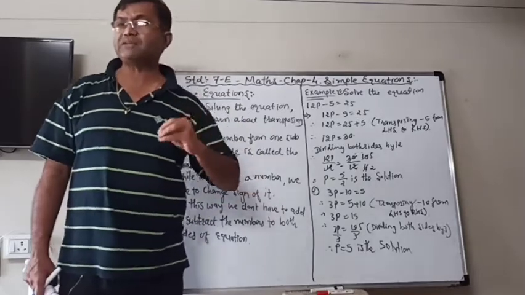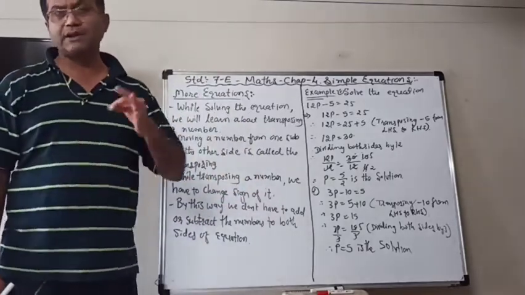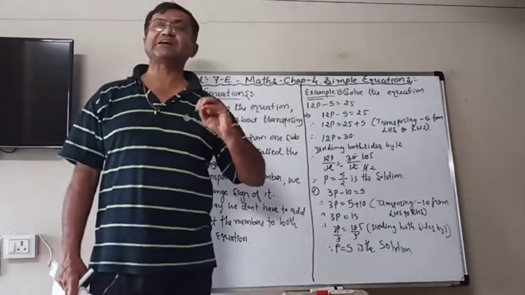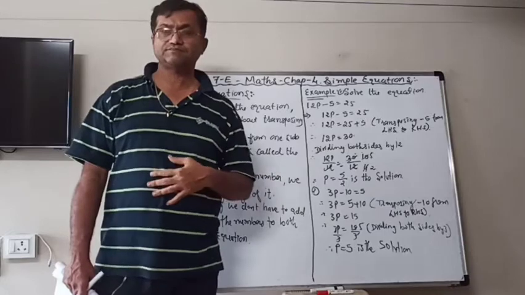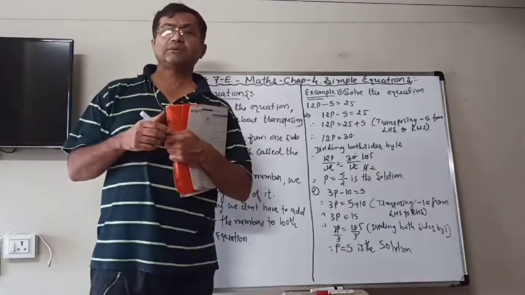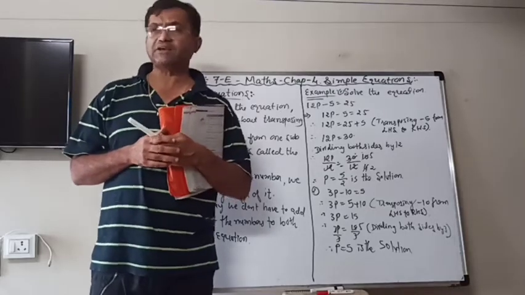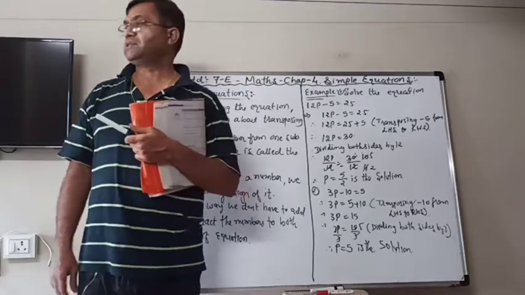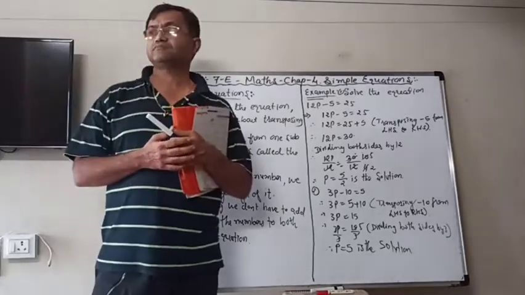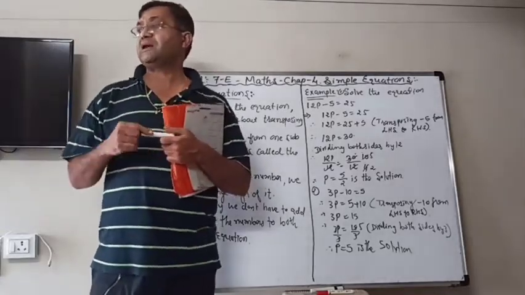But you have to remember that while transposing a number, we have to change the sign of that number. It means that if that number has a plus, positive sign with it, then while transposing, when we change the side, it will have a minus sign with it.